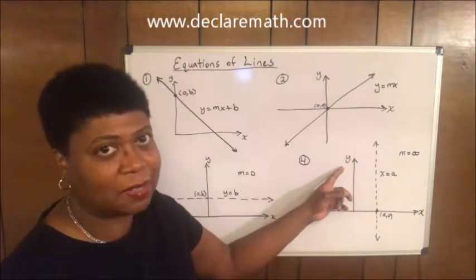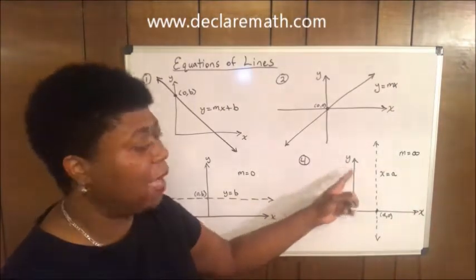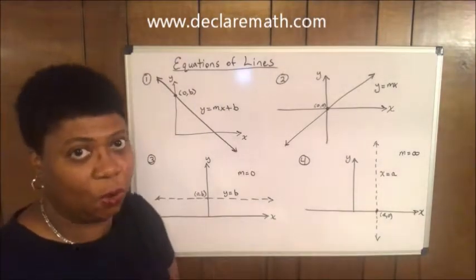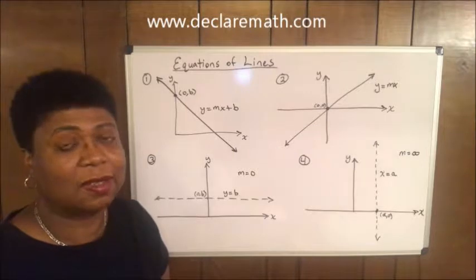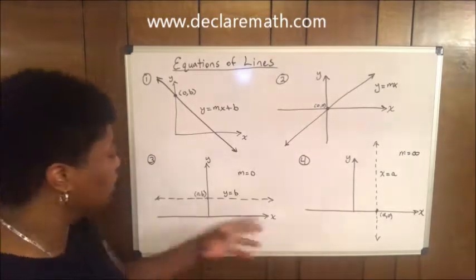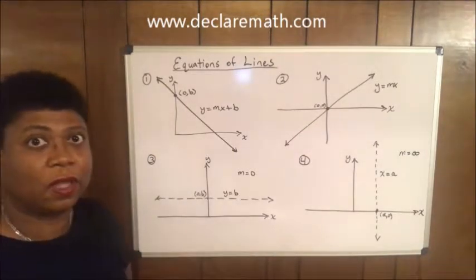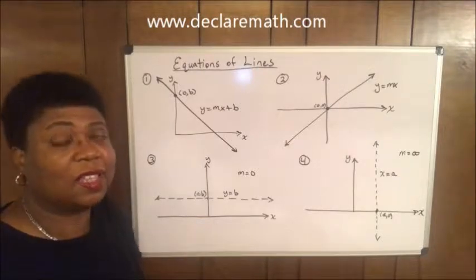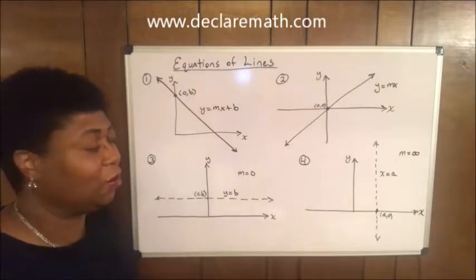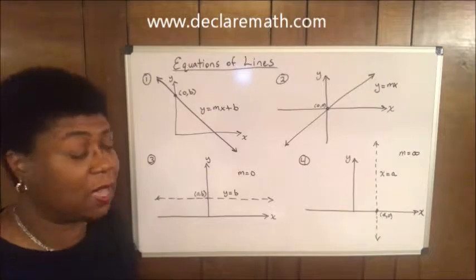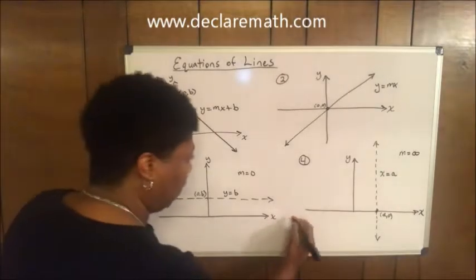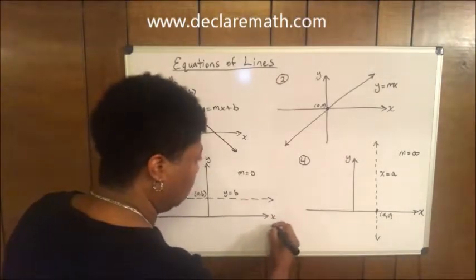The y-axis this time. So the equation for the y-axis is x equals 0. Just like the equation for the x-axis is y equals 0. Okay, that's a good note to take, okay? In fact, I'll write it out right here, the equation here.